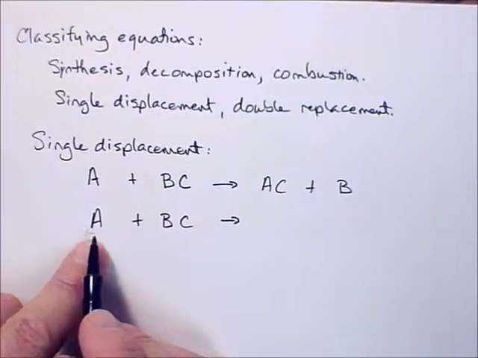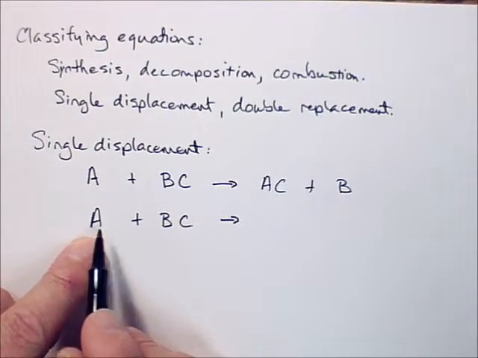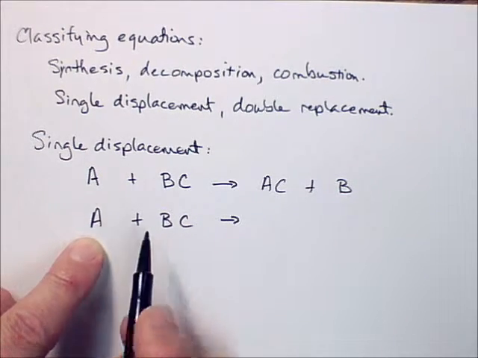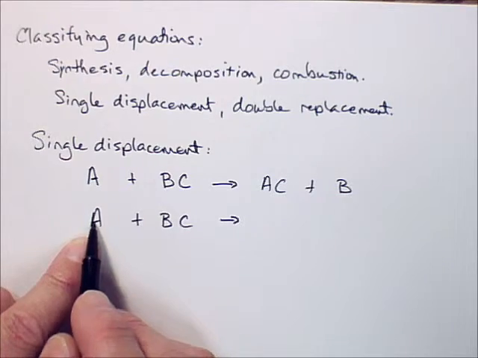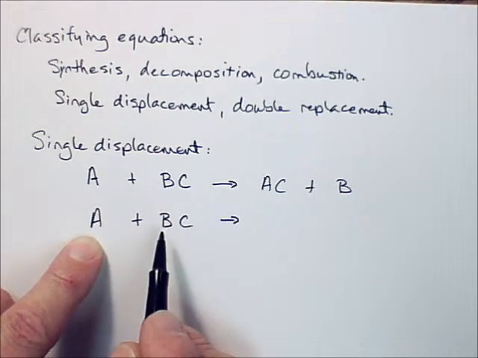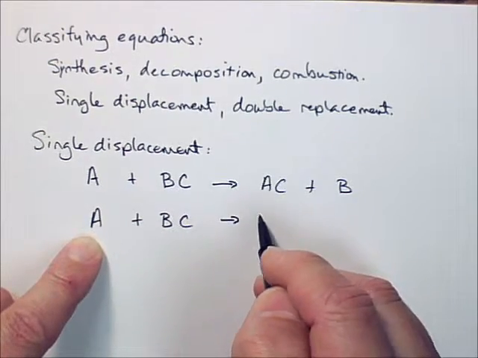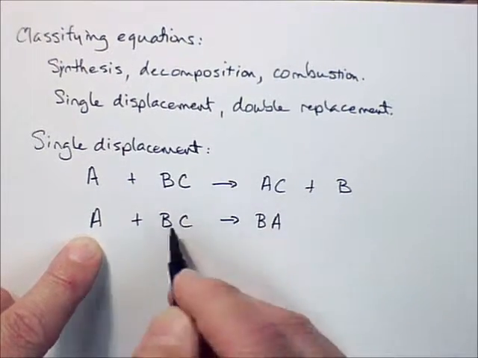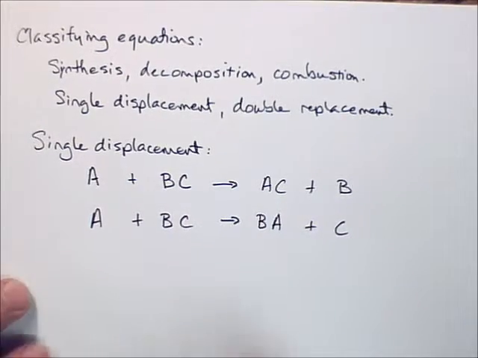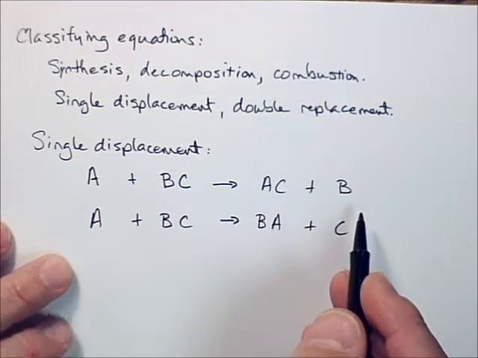So if A is a halogen, A is not going to displace B. That's what happens with metals. If A is a halogen, it's going to displace C. So A will kick out C and join up with B. And that means that C is by itself. Okay, so this is a metal to metal displacement.